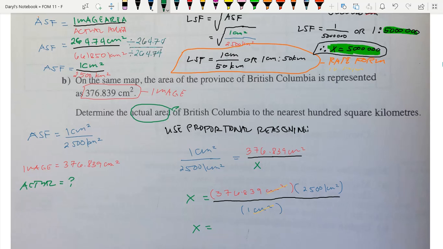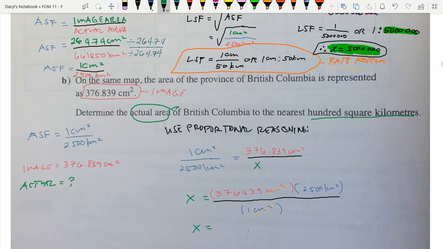You use your calculator for that, and take note that it should be to the nearest 100 square kilometers. So that would be 376.839 multiplied by 2,500.